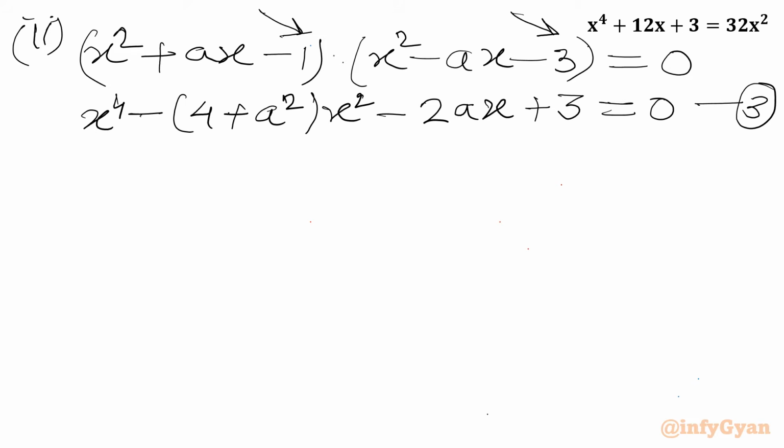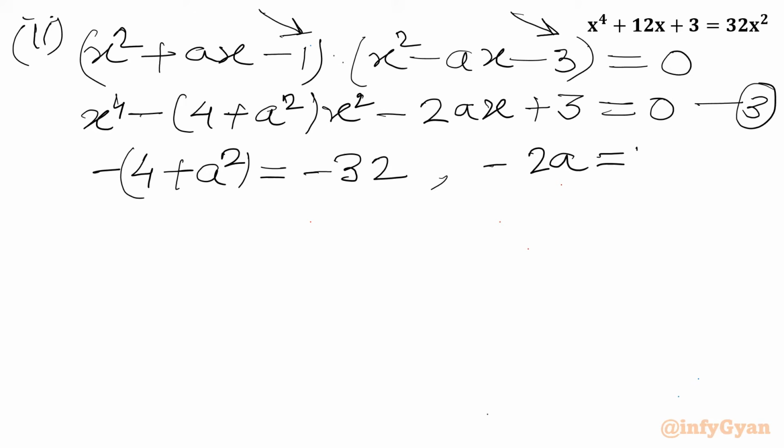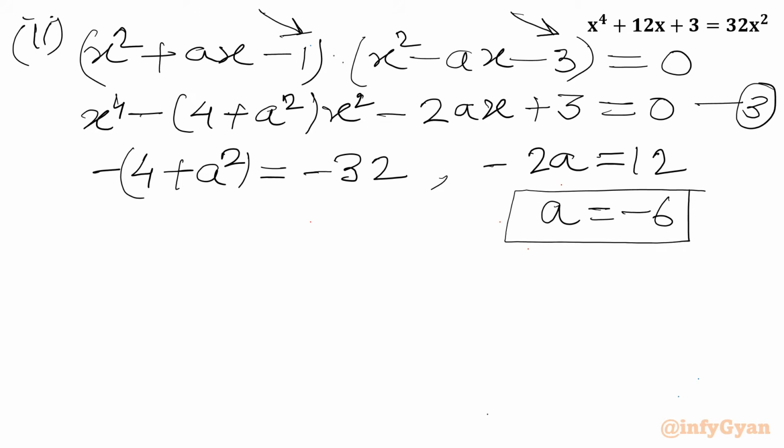So I will compare the coefficient of x^2. Then I can write -(4 + a^2) = -32. And when I compare the coefficient of x, then -2a = 12. So from here, a = -6, which we will substitute here.